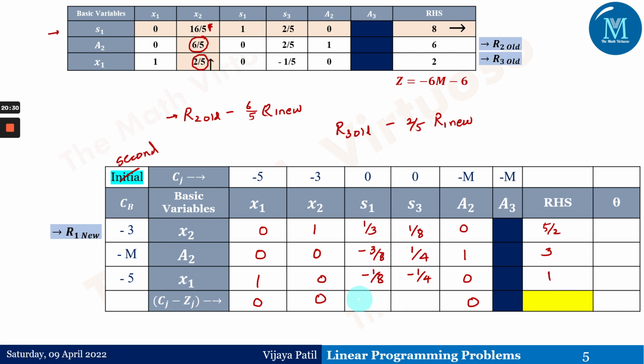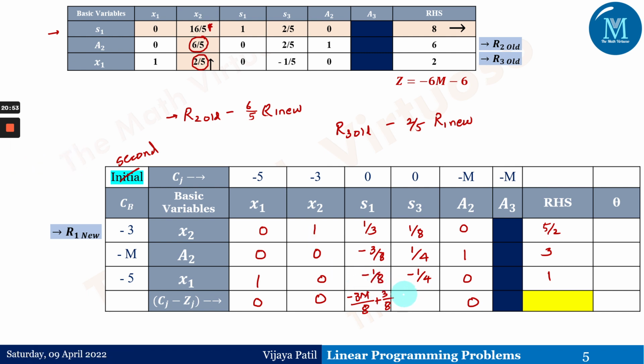So we have to just calculate the Cj minus Zj for this S1, which is coming out as minus 3m upon 8 plus 3 by 8, and for this other value, just a minute.